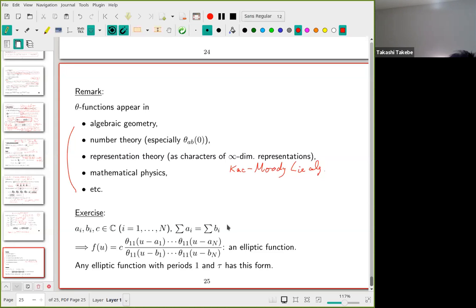It is also very important because any elliptic function can be expressed as a ratio of theta functions.